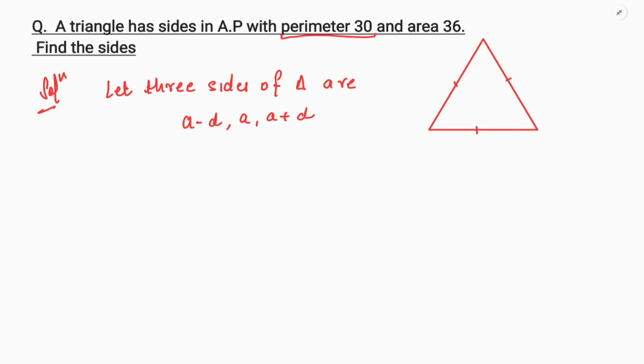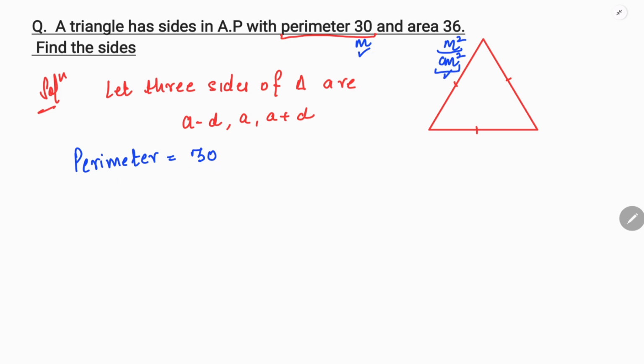I will take perimeter equal to 30. They are not telling us 30 meters or centimeters. We will just take it as 30, though we know that perimeter is in meters or centimeters, a one dimensional unit, and area is in meter square or centimeter square, which is two dimensional.